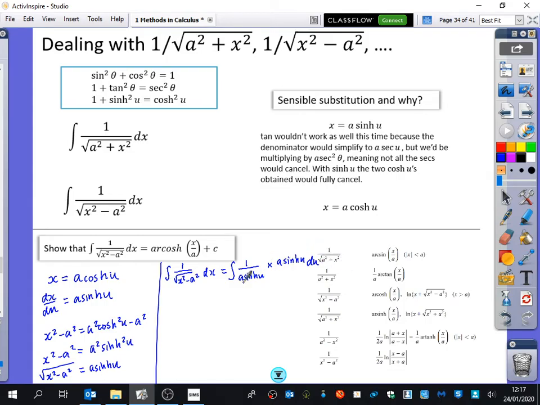So luckily the a sinh u's all cancel, and we just get the integral of 1 du, which is just u plus c. But we know that u is arcosh of x over a, so it is arcosh of x over a plus c.